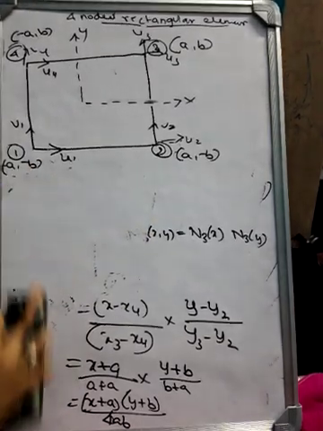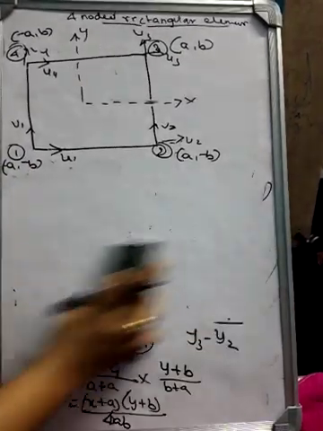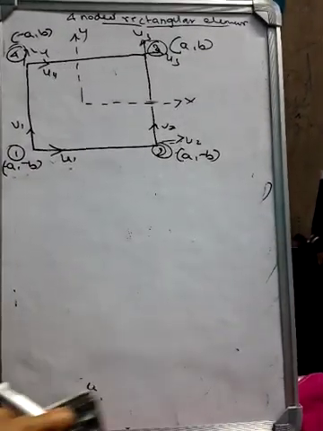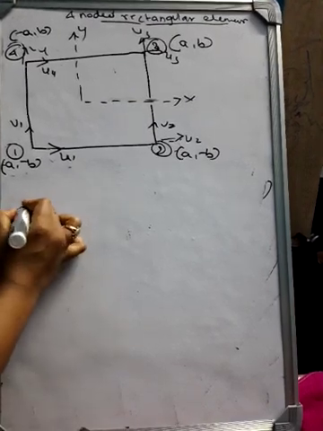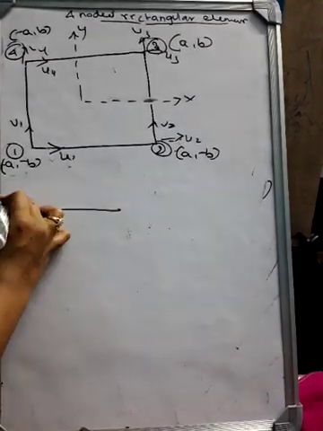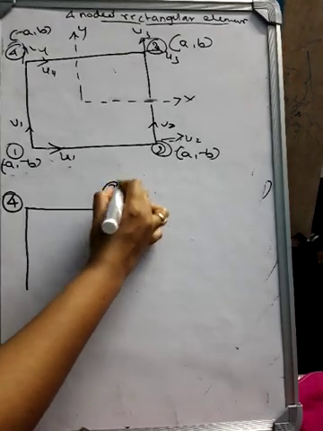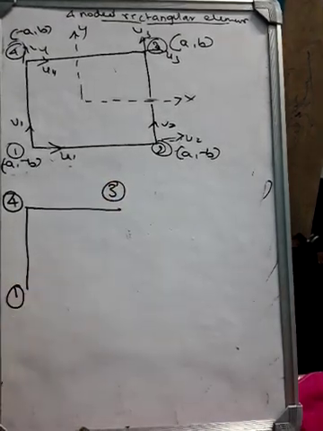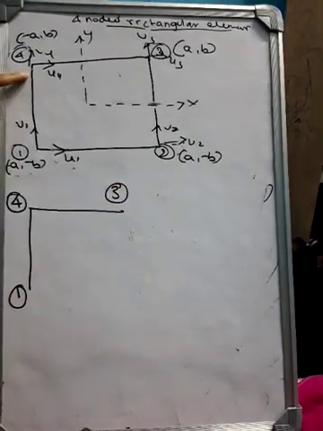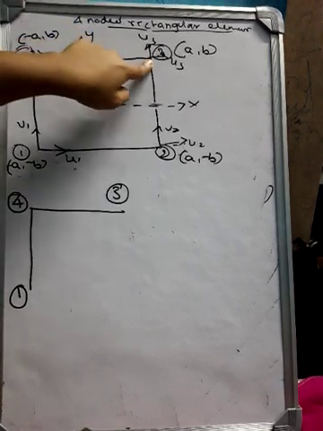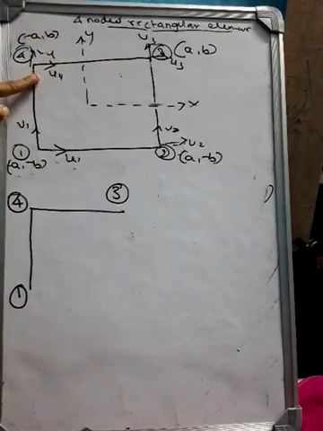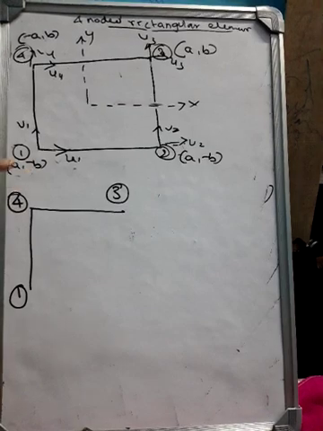Now similarly, let us write for the fourth node. If you see this figure, 4 is connected to 3 in the x direction and to 1 in the y direction.